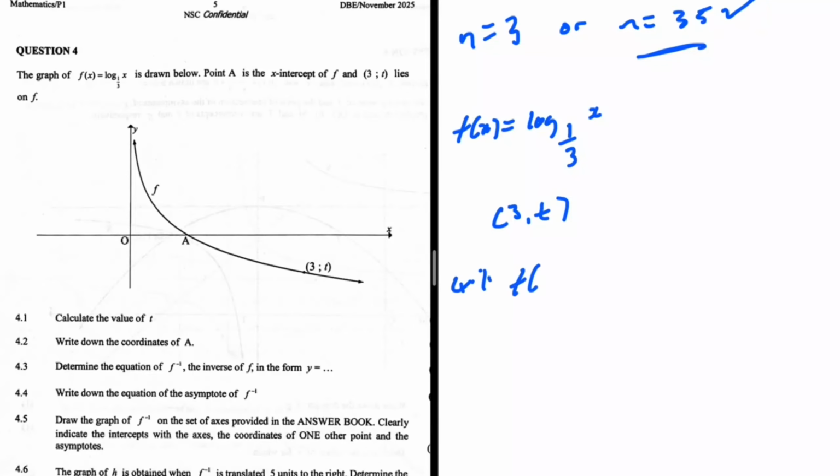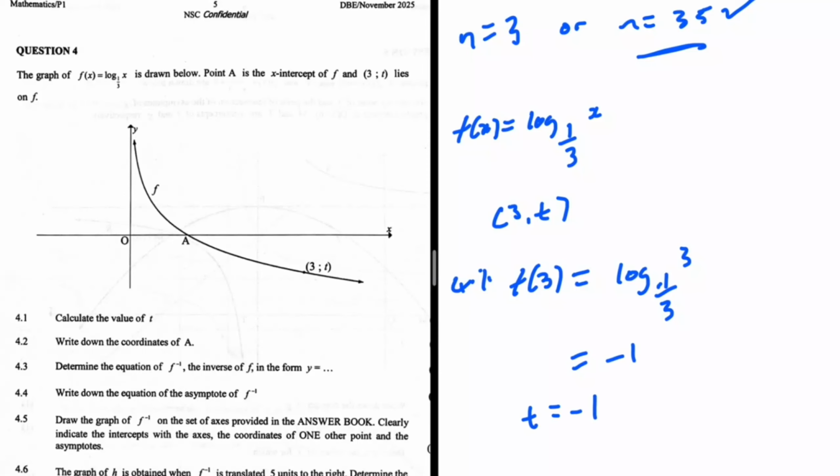So we have f of 3 equals log of 3 base 1 over 3. Let me press my calculator. Log of 3 base 1 over 3 is minus 1. So t is equal to minus 1.